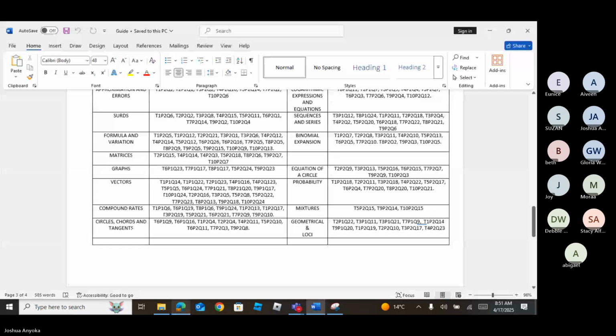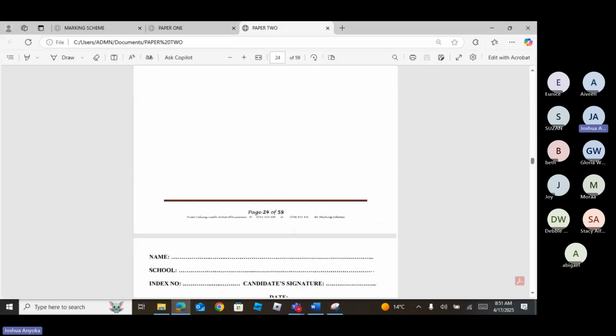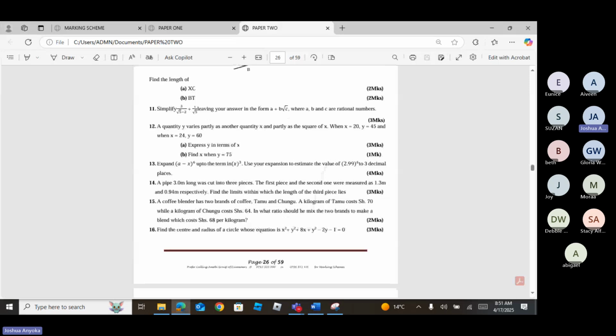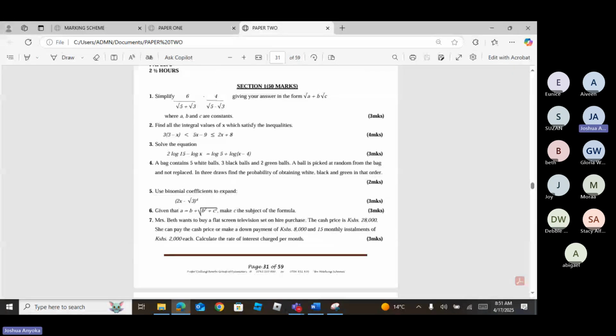Trial 6 question 4. It talks about a bag containing 5 white balls, 3 black balls, and 2 green.